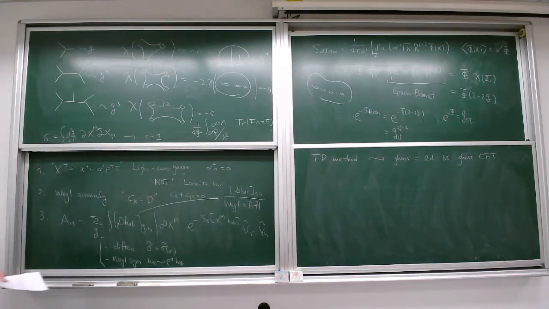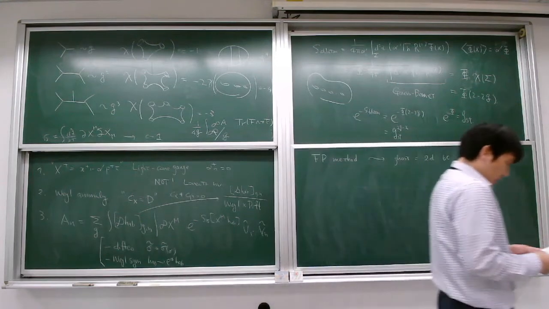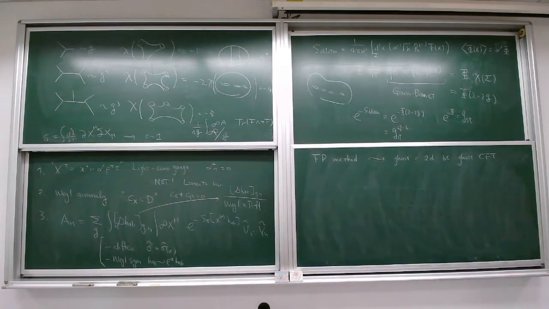Okay, D equal to 26. Our original motivation was to fix the gauge, so this problem is also cured by introducing this bc ghost. So that's what we're going to learn.